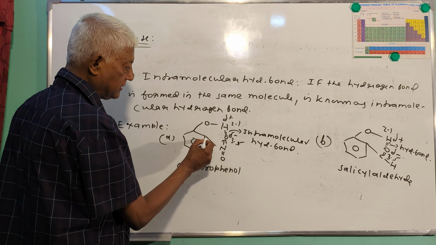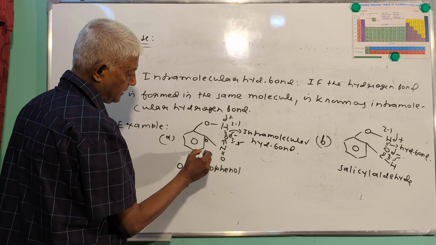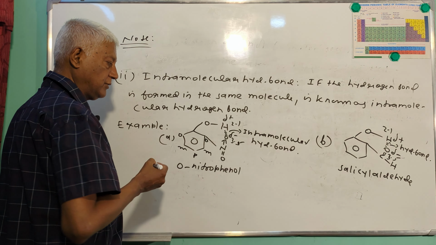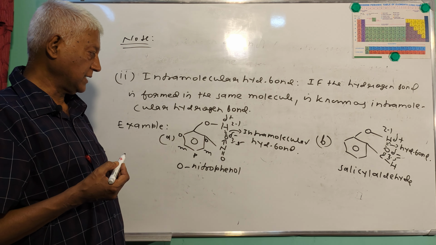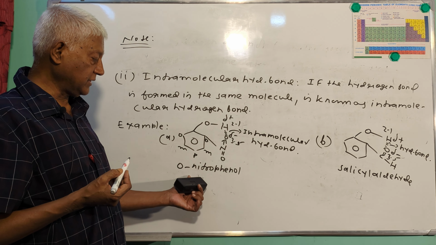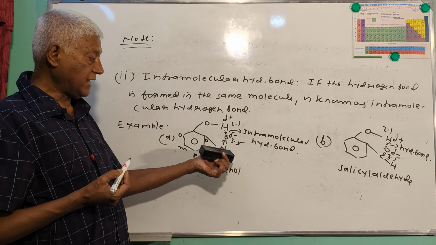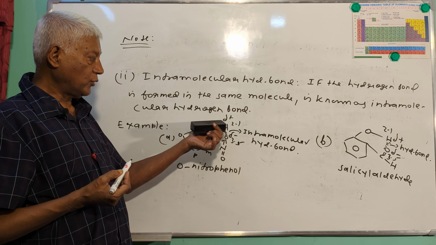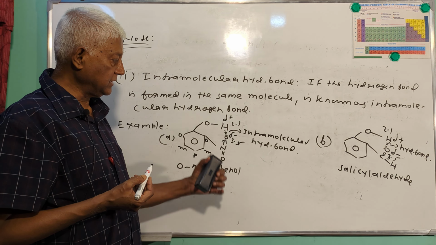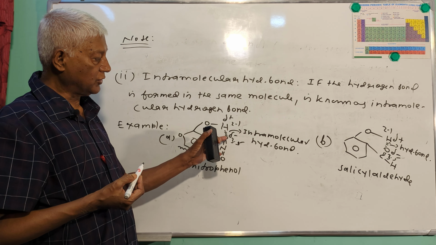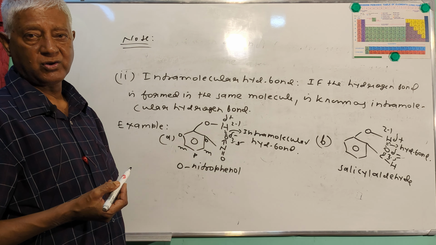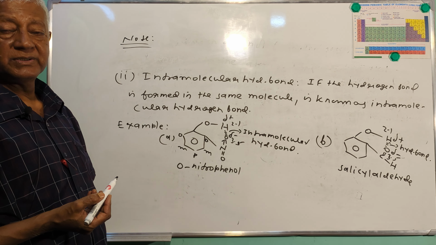That position is known as ortho, meta, para. I will talk later about this orientation of ortho, meta, para. So this compound is orthonitrophenol. Nitro position is ortho position, OH is the phenolic group. In this case, the bond formed between oxygen and hydrogen is known as intramolecular, because the hydrogen bond is formed in the same molecule.